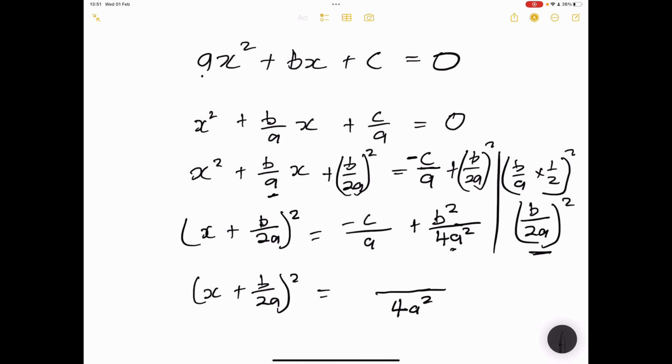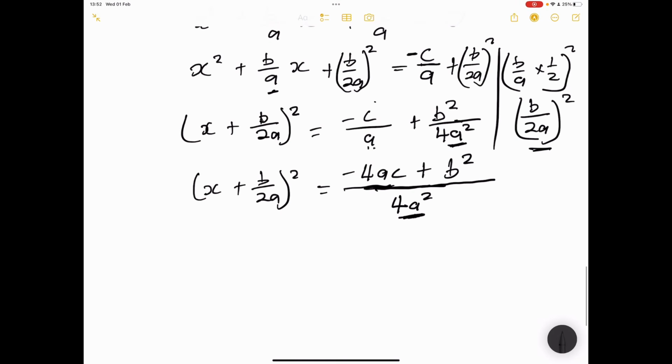Now, remember, when you add fractions, you say LCD divided by the denominator multiplied by the numerator. For those of you who don't understand that yet, don't worry, I'll take you through that with time. So 4a squared divided by a will give me 4a, multiplied by c, so that will be minus 4ac. Plus, in this case, 4a squared divided by 4a squared will give me 1, and 1 times b squared will give me b squared. So that's how I have that on the other side.